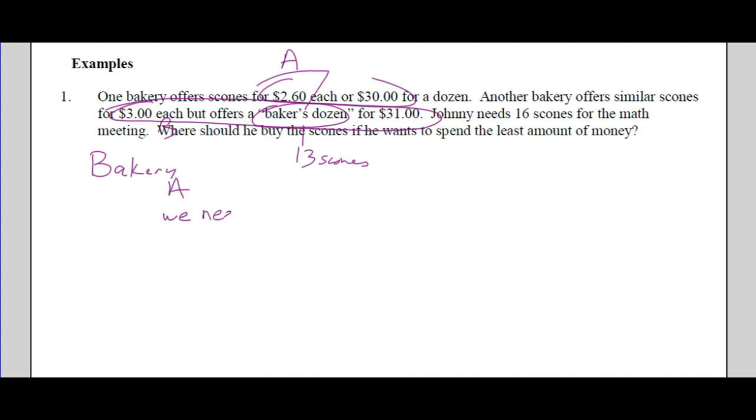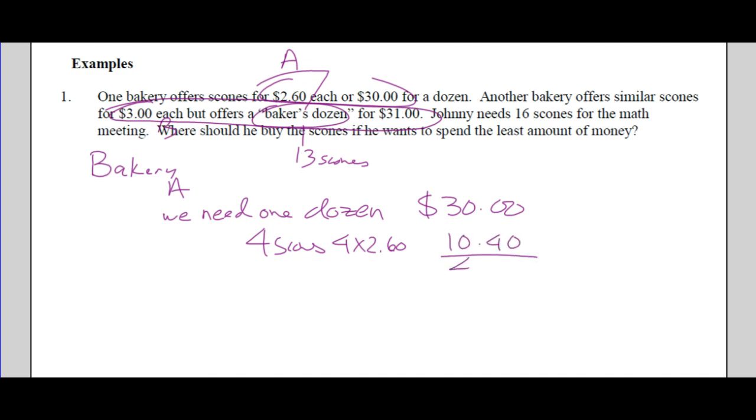we need 1 dozen. So that's $30. And then 4 scones, which is 4 times 2.60, which is 8 and 2.40, 10.40, for a total of $40.40.